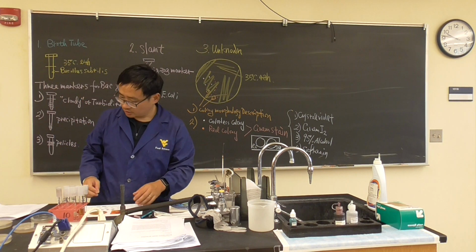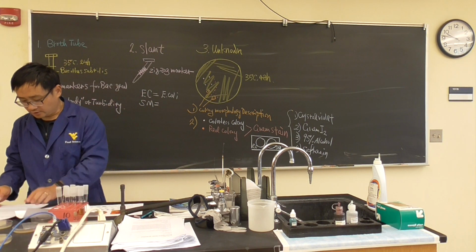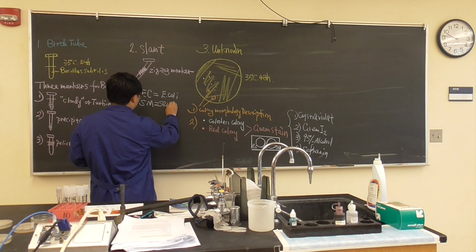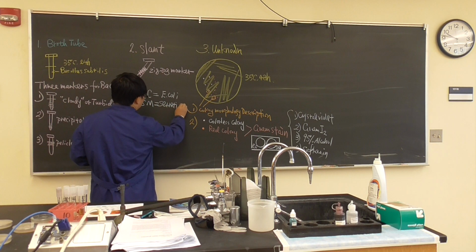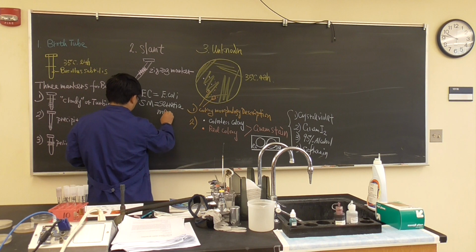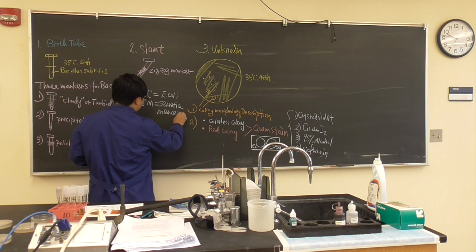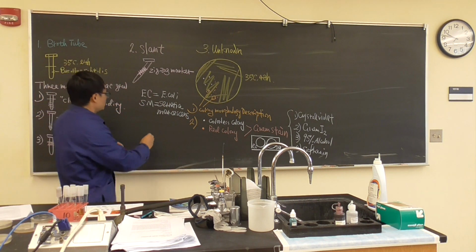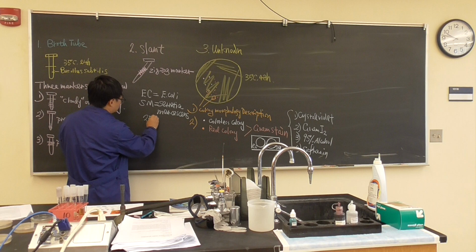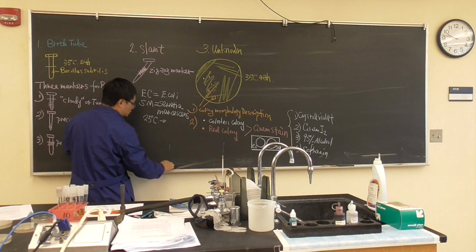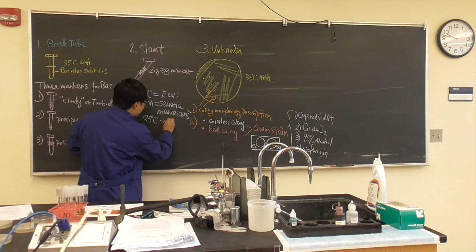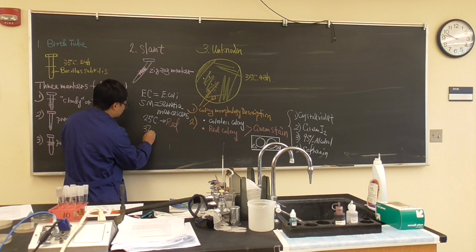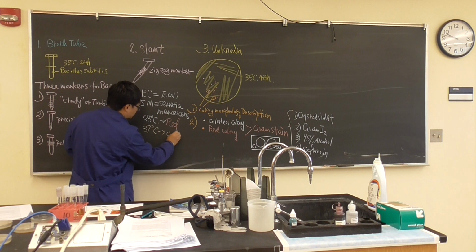I need to make sure the spelling is correct, so I checked on the website: Serratia marcescens. This bacteria is very interesting. At 25 degrees Celsius, it is red in color. At 37 degrees Celsius, it is colorless.